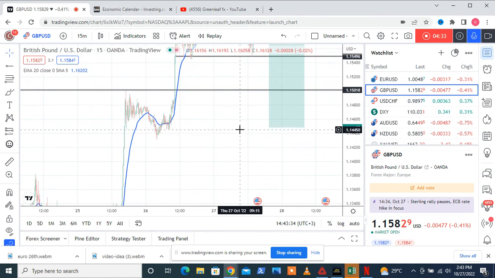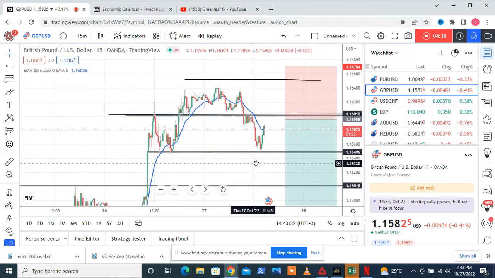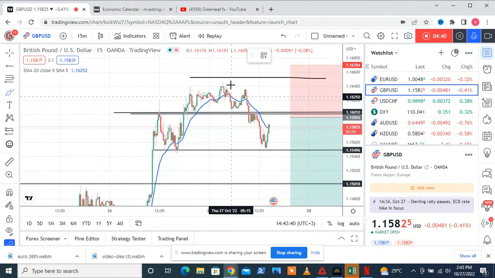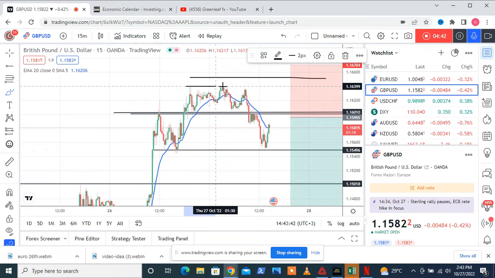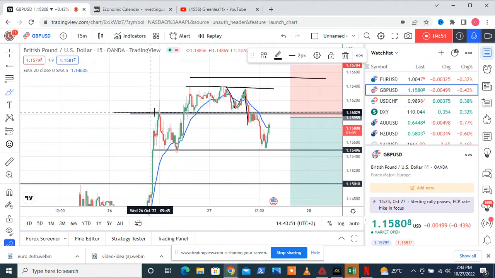I'm already in again on this pair. The structure is similar to Euro USD, because we can see this is our resistance level. You can see we have a double top here, this top, and then the market broke this level. As you can see, this was acting as support here, acted as resistance here, acted as support here.